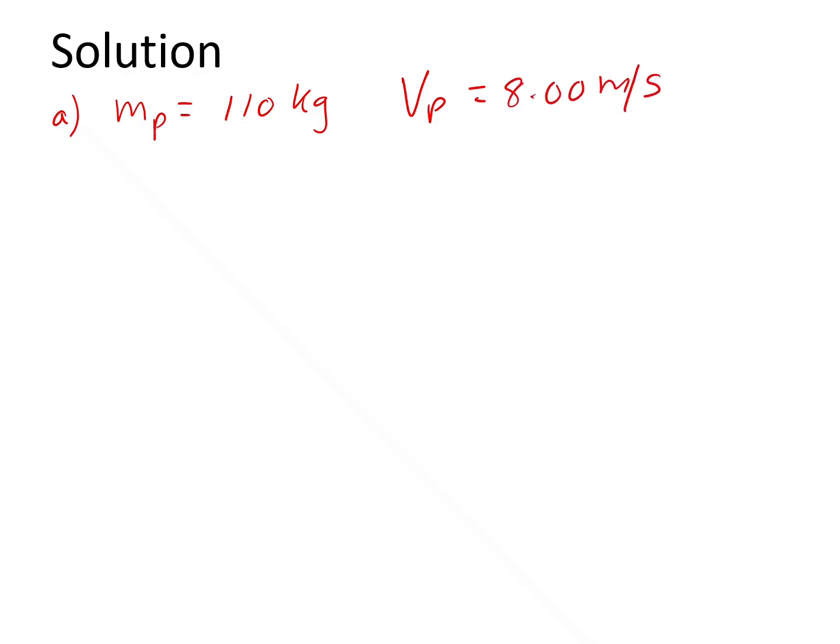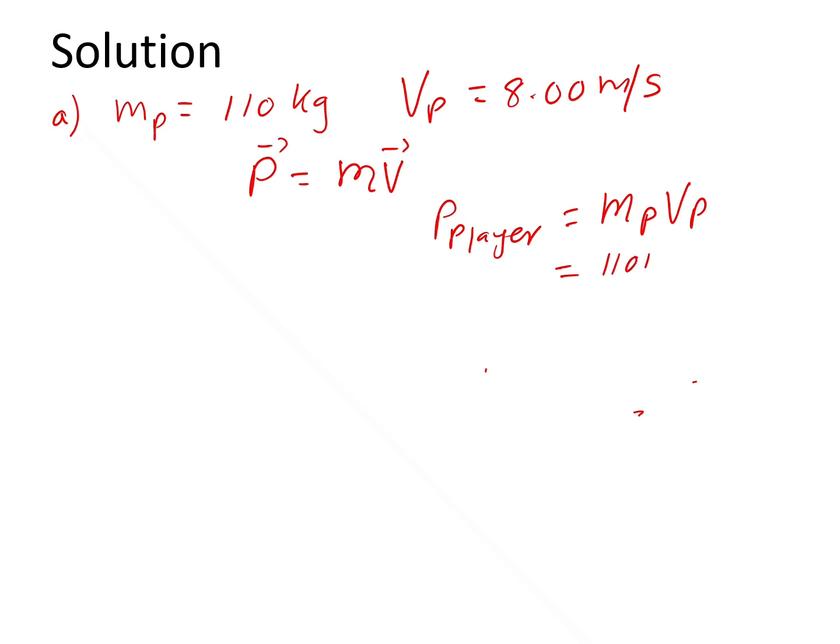If we use the equation, the momentum equals mass times velocity, we get the magnitude of the momentum of the player: mass of the player times the speed of the player, which is 110 kilograms multiplied by the speed 8 meters per second, and we get 880 kilograms meters per second.